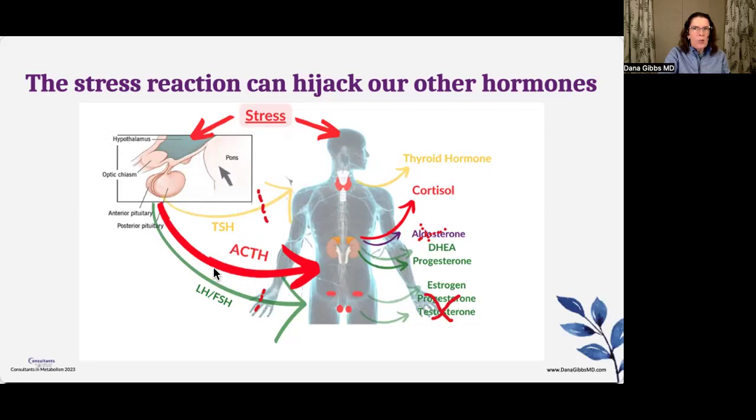And ACTH is around all the time, but when it's triggered in a very high and fast way, you get a big burst of adrenaline and extra cortisol produced here in our adrenal glands. And the more prolonged that stress is, the more prolonged and persistent that high cortisol reaction becomes.